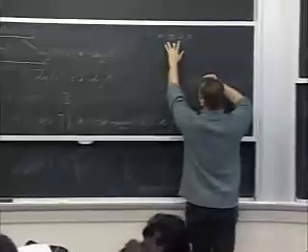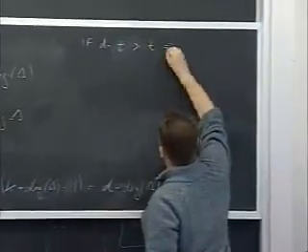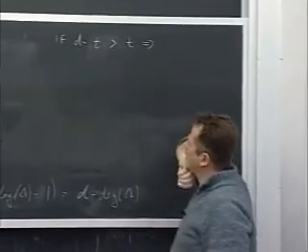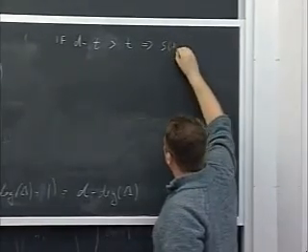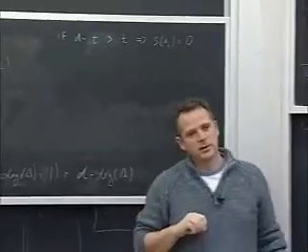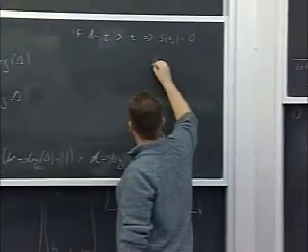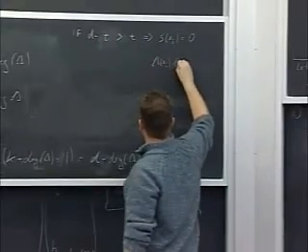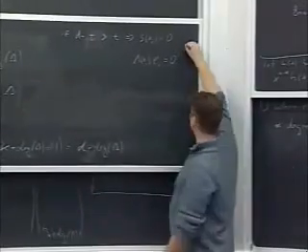Yeah, so if this is true, then S of xi, I claim, has to be 0, and lambda of xi times ei has to be 0 too, for all i.